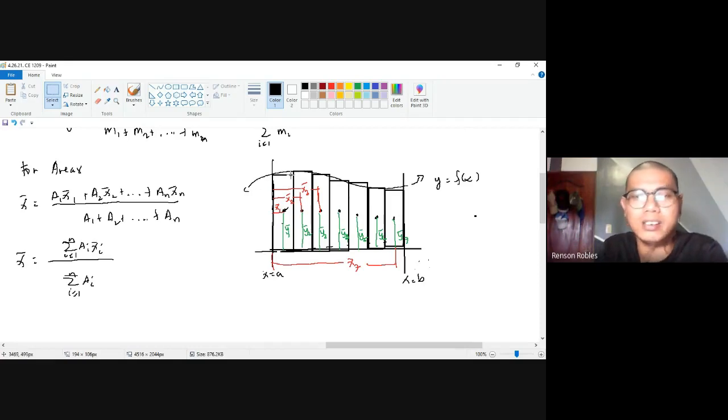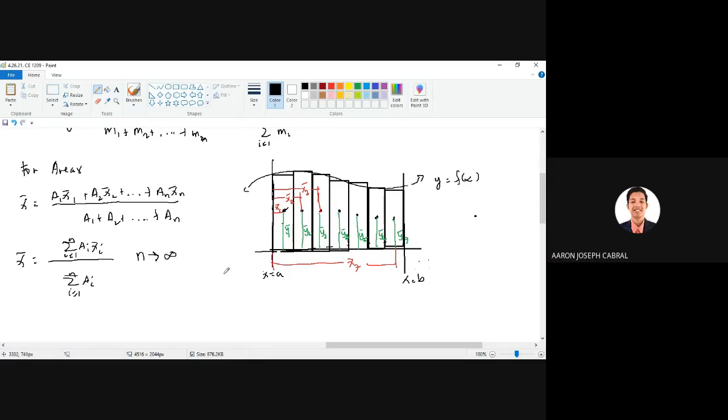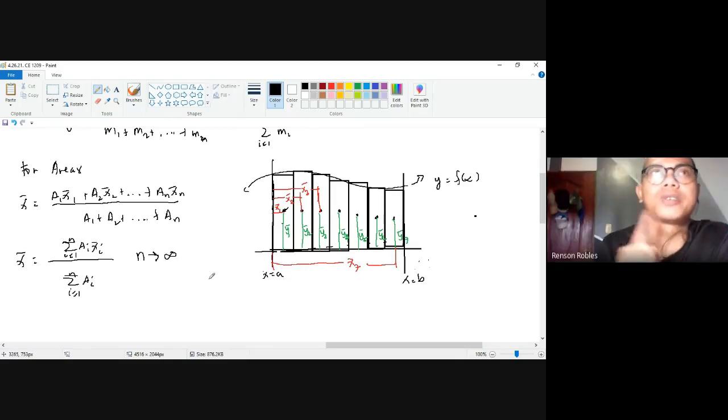To eliminate this error, this part of the region that is not part of the computation, we are using small rectangles. That means we're using infinitely many rectangles. And what is the implication if we use very small and very many rectangles?